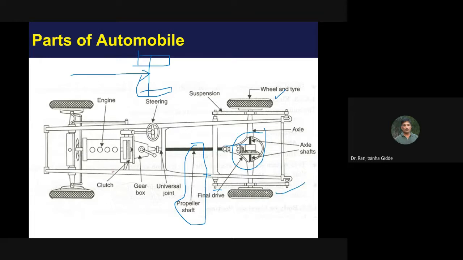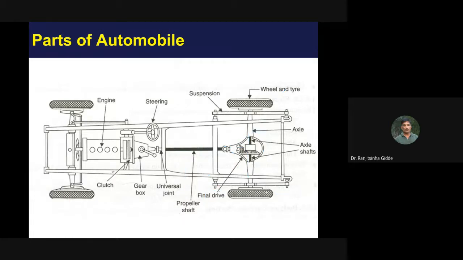So to get this diversion, we required a pair of bevel gear, and that pair of bevel gear, this one is pinion and this one is crown. With the help of this pair, we can have diversion of power at 90 degree. So final drive is required to divert the power at 90 degree.